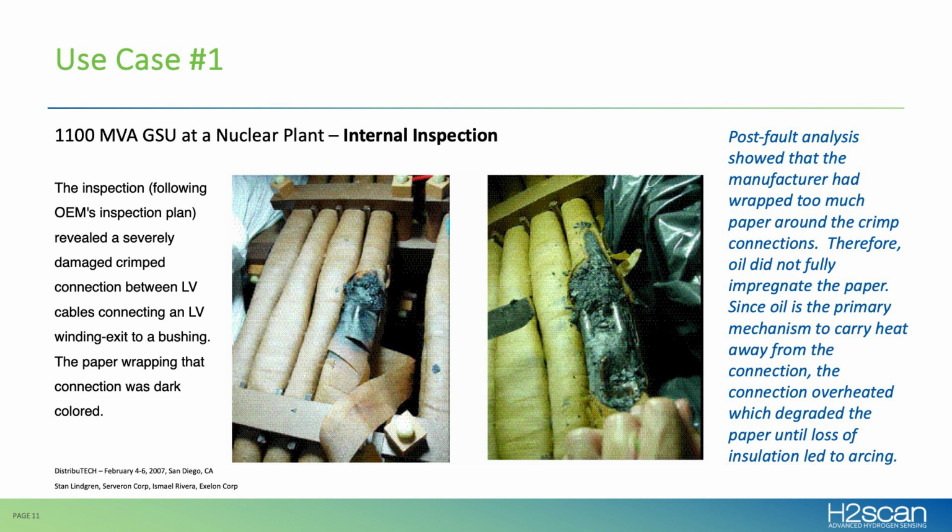This fault was initially in paper because this overheated crimp connection was wrapped in paper, but it ended up burning the paper away. As oil started getting to the connection, it started arcing and migrated from a fault in paper to a fault in oil, and the analytics on the Duval triangles showed that.